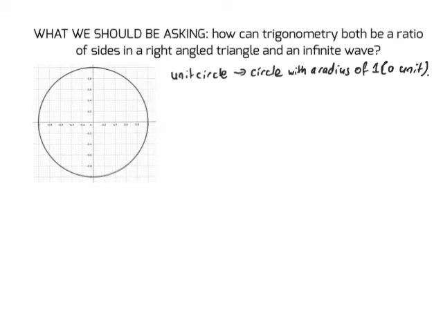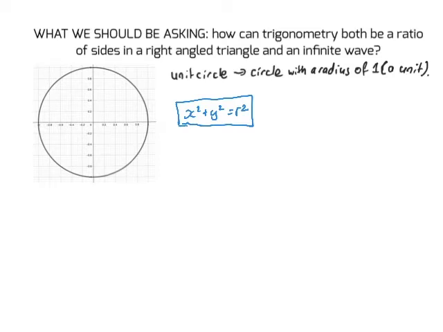So the unit circle is a circle with a radius of 1. In our prior learning, we should have met the formula for the equation of a circle with centre at the origin, which is x squared plus y squared equals r squared, where r is my radius.